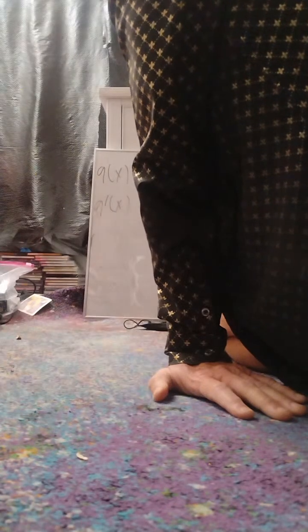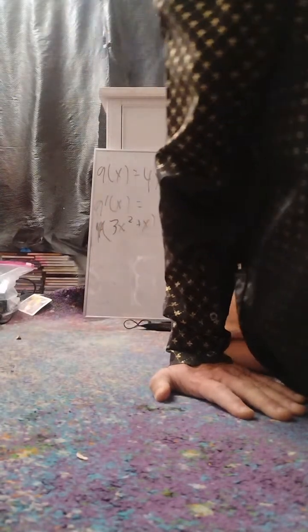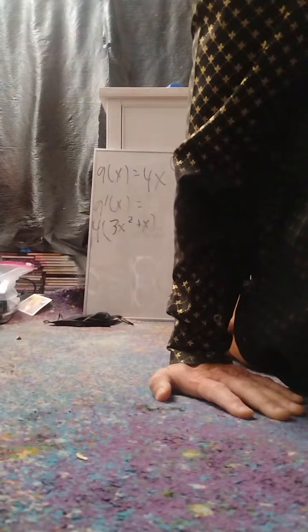So that would be equal to 4 times 3x squared plus x. It's that first, times, I'm going to put that 4 better. I can't write very well. There's that, 4x squared plus x.